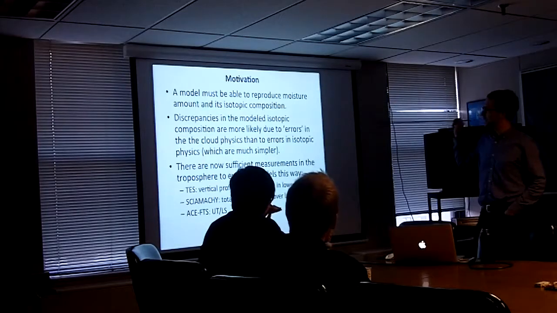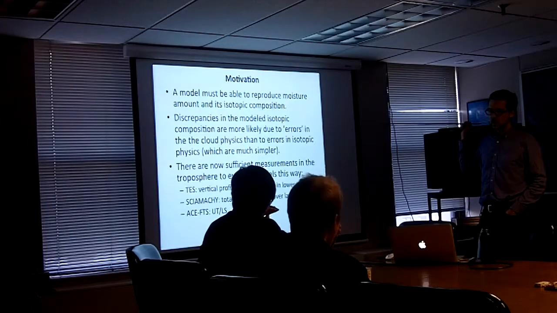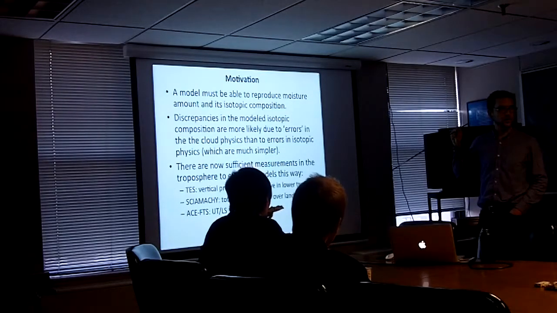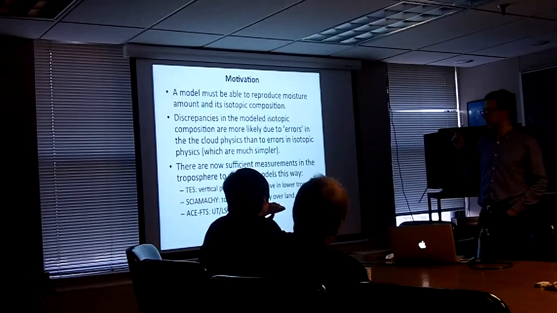And what we want to get at is that the discrepancies in the model versus satellite isotopic composition are more likely due to errors, we'll call them, in the underlying cloud physics than to the isotopic physics, for the simple reason that the isotopic physics are much simpler.